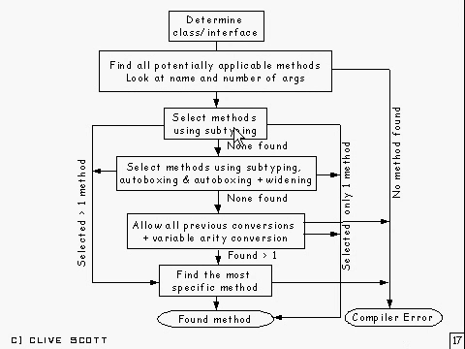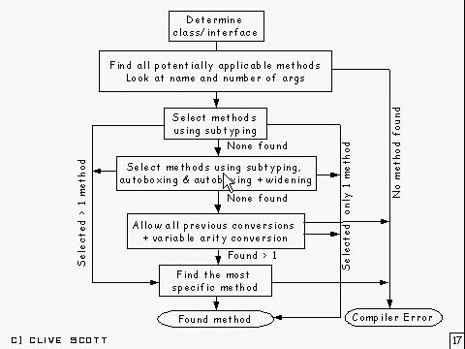Next, you select from those potentially applicable methods using subtyping, and if you found just one applicable method, then you've finished, that's done. If you found more than one, then you've got to sort them out down here, and if you found none at all, you go to the next phase.